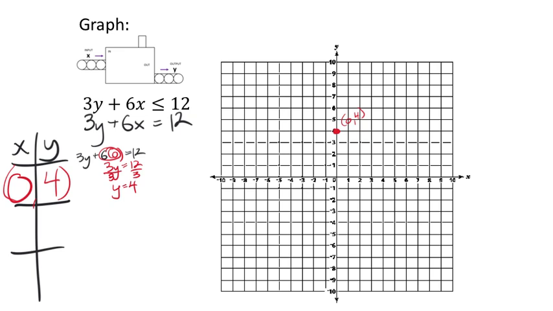Now the next value I can choose, let's say that x is 1. For the equation 3y plus 6x equals 12, I'm going to put in 1 for my x, so I replace the x with 1, and then let's see what happens. 6 times 1 is 6, so I'd have 3y plus 6 equals 12.